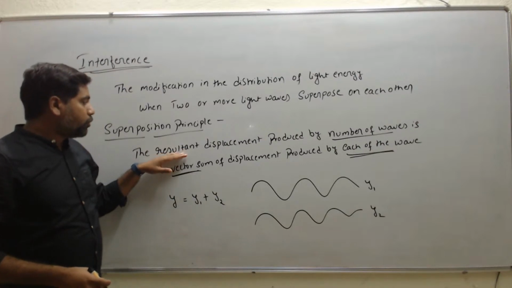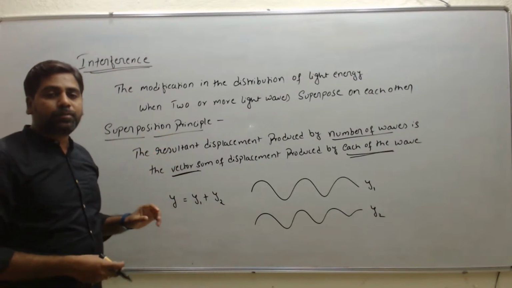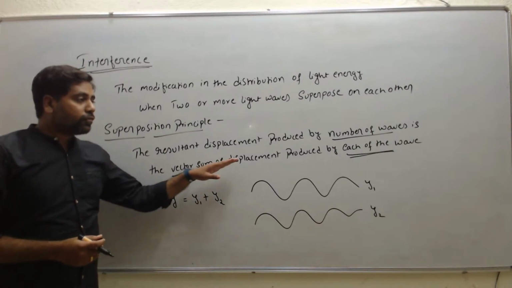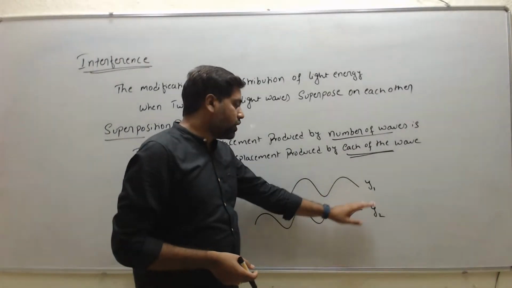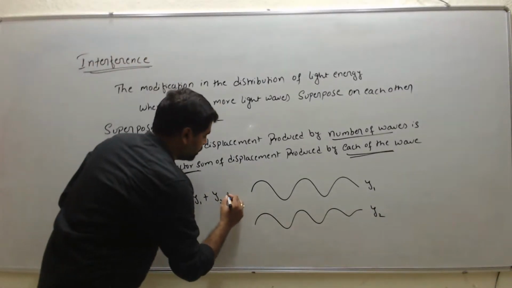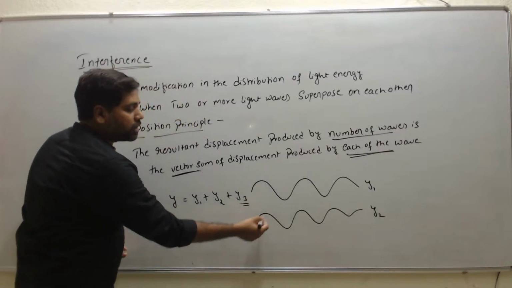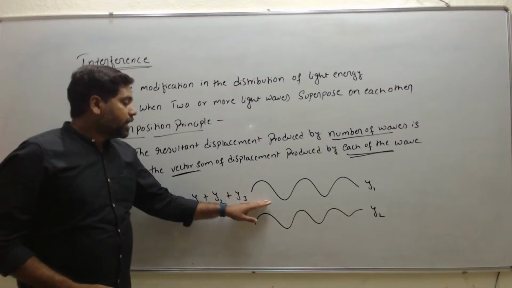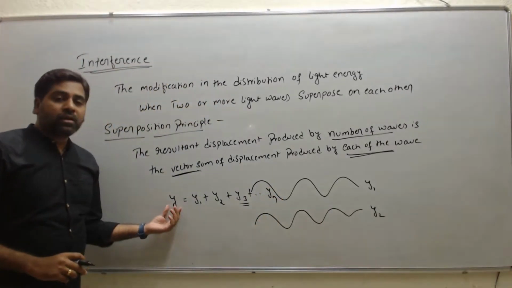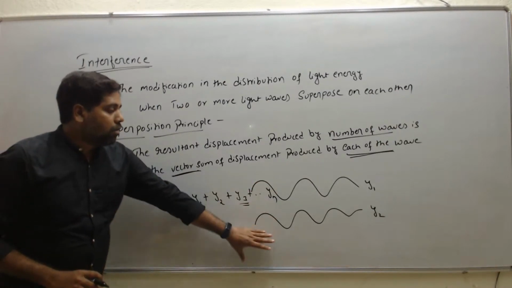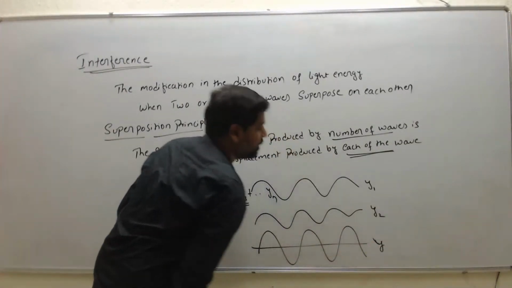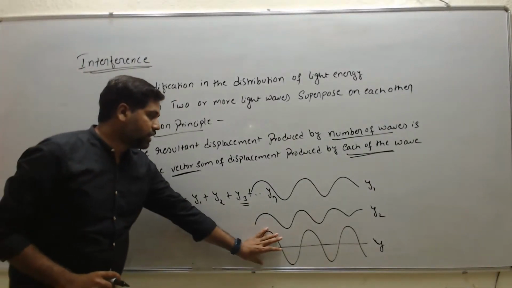So we have to remember the statement: the resultant displacement produced by a number of waves is equal to the vector sum of the displacement produced by each wave. For the first wave it is y1, for the second wave it is y2, for the next waves y3 and so on, up to n waves, yn. So the resultant displacement is y equals y1 plus y2 plus y3 and so on up to yn, where y is the displacement of the resultant wave.